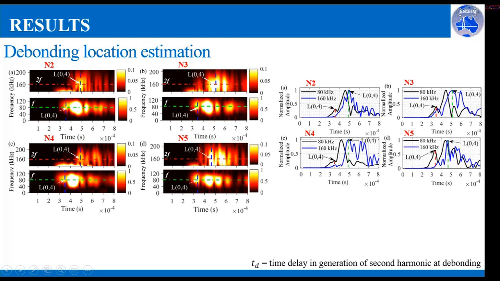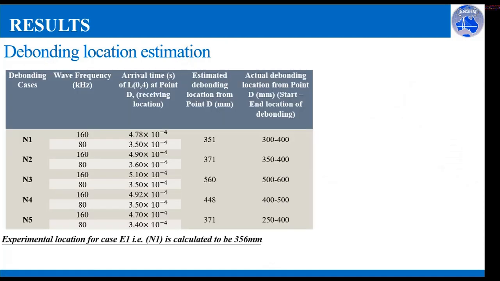Time frequency plots are shown here to indicate the time of arrival of second harmonics and excitation frequencies. So the information about the time of arrival of first harmonics and second harmonics is obtained through time frequency plots, and this information is used to detect the debonding type damage.